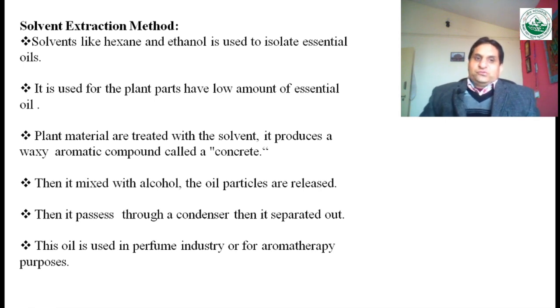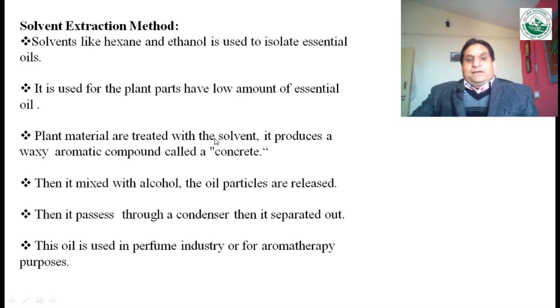This method is useful for the plant drugs where a very small amount of essential oil is present, and hexane and alcohol are commonly used for the isolation of the essential oil. So first of all we will treat the plant drug with these solvents, either hexane or ethanol, due to which it will produce a waxy aromatic compound which is known as the concrete.